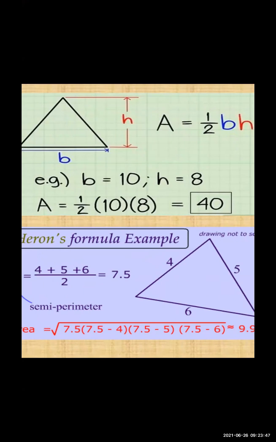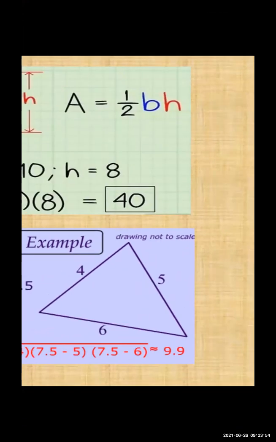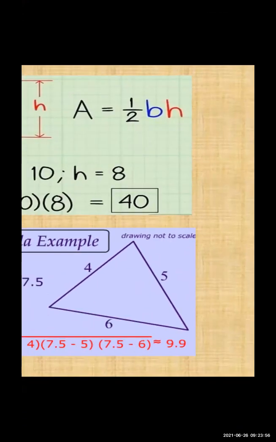After doing all the calculation and removing the square root, you will get the value approximately equal to 9.9. We don't have to find the exact value. It will be nearly equal to, because this is a square root. So while finding the square root, it will come nearly equal to 9.9.